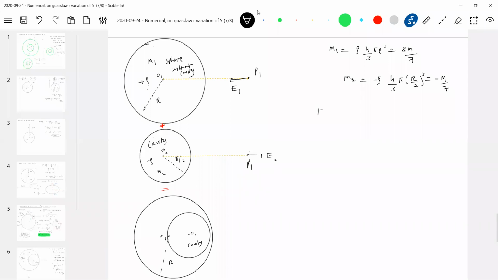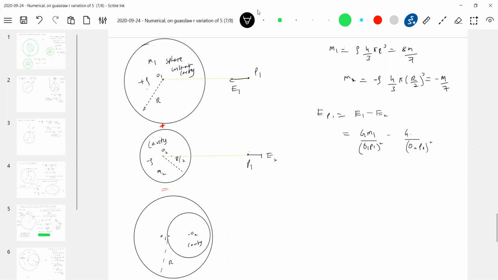So what is the field strength at point P1? E1 minus E2. What is E1? The point P1 will lie outside, no? So this will be G M1 by O1P1 square minus G M2 by O2P1 whole square.